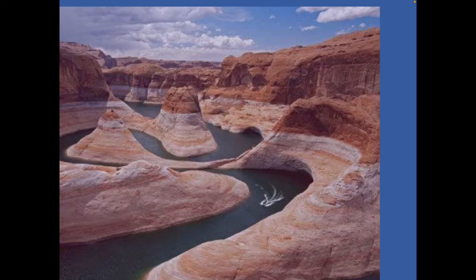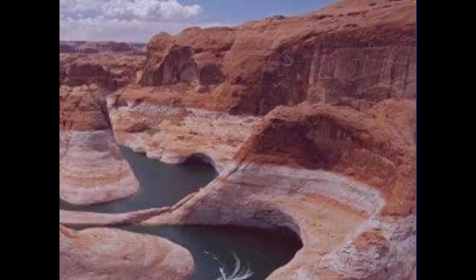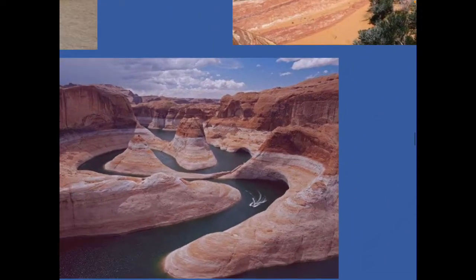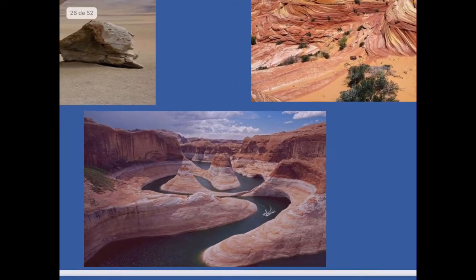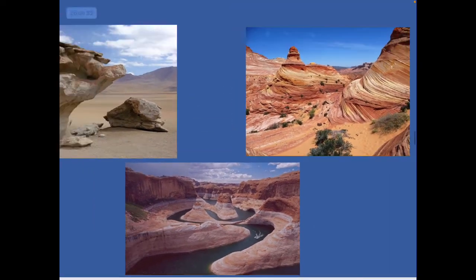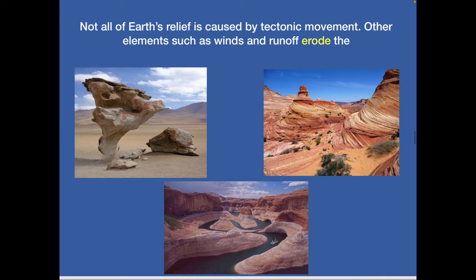So through several centuries, all this moving and carrying away of material is going to cause canyons, and the rivers are still going to be running in the lower part of them. So all these nice traits of Earth's relief are not caused by tectonic movement. They are caused by other elements of Earth.